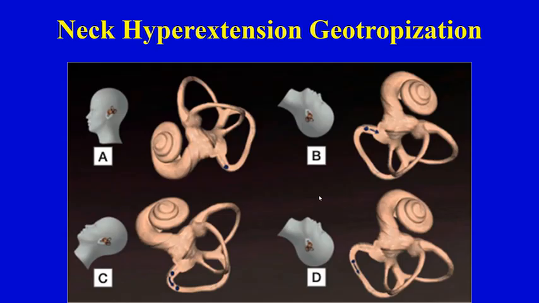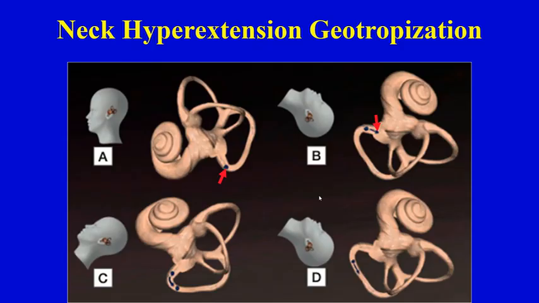So how does the neck hyperextension lead to geotropization in the type 2 apogeotropic posterior semicircular canal BPPV? Figure A shows the otoconia in the upright position in the periampullary location. As the patient is taken to the Dix-Hallpike position, the otoconia move ampullopetally, resulting in a downbeating nystagmus with a torsional component beating towards the opposite non-involved side.